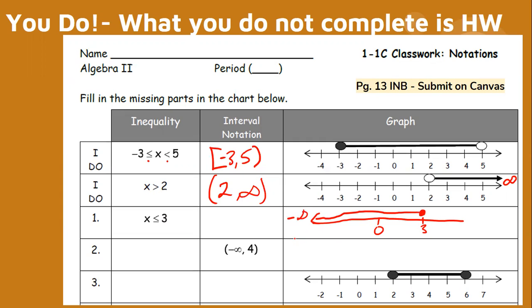Negative infinity. So my interval is going to start at negative infinity, and I'm going to stop at 3, and it's included because it's equal to, and it's a closed circle. How do we feel? Okay. All right. So who said I'm lost?